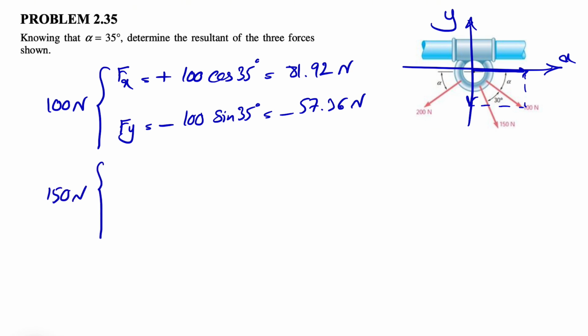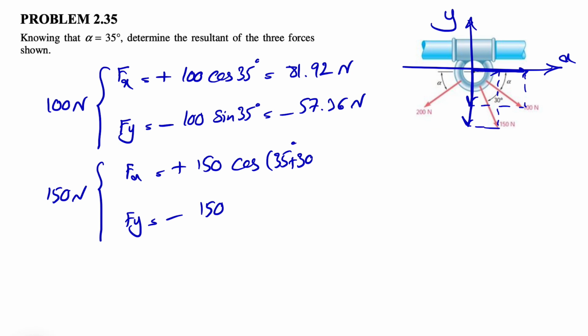Let's go with the 150 Newton force. We have again Fx, Fy, and we're going to have the same thing: the x component is positive and the y component is negative. This time, we have cosine of alpha plus 30, so we're going to have 35 plus 30 degrees, which is going to be 65.